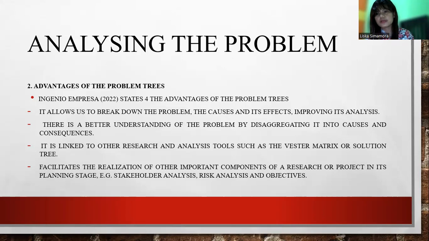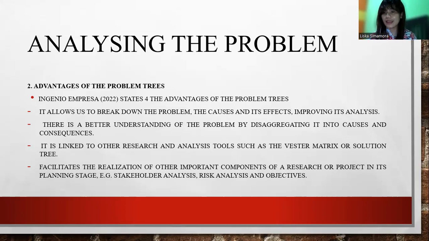Because sometimes we see the cause of the problem only generally, but when we display it in a problem tree approach, there may be many causes, because a tree cannot be built by only one root. It has to be many roots.